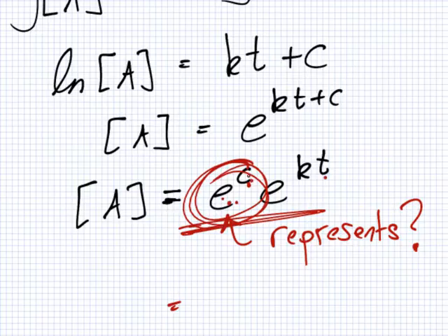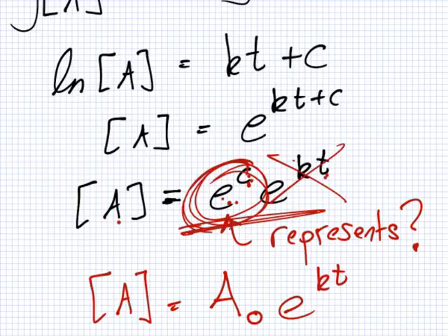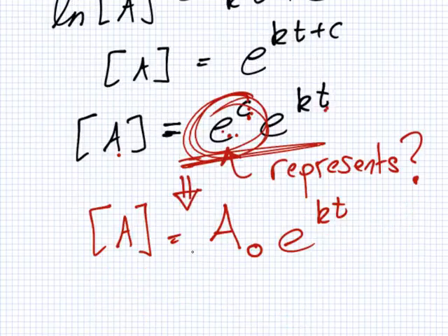So e^C is A when t is 0. So in other words, you can think of it as a constant called A0. It's the constant at the start, the concentration at the beginning. Because when t is 0, that's what you have. So we can rewrite that. You don't have to, but if you want.